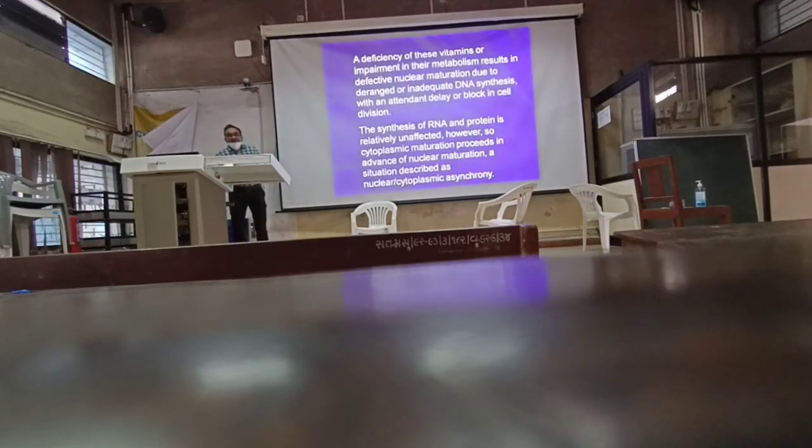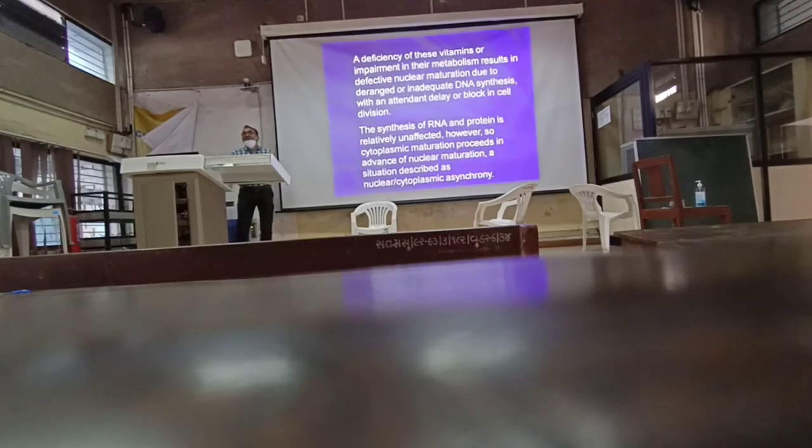But the basic difference is, both are impaired production, but in iron deficiency anemia there will be loss at the level of the cytoplasm. Hemoglobin is not formed, so the cytoplasm is compromised.